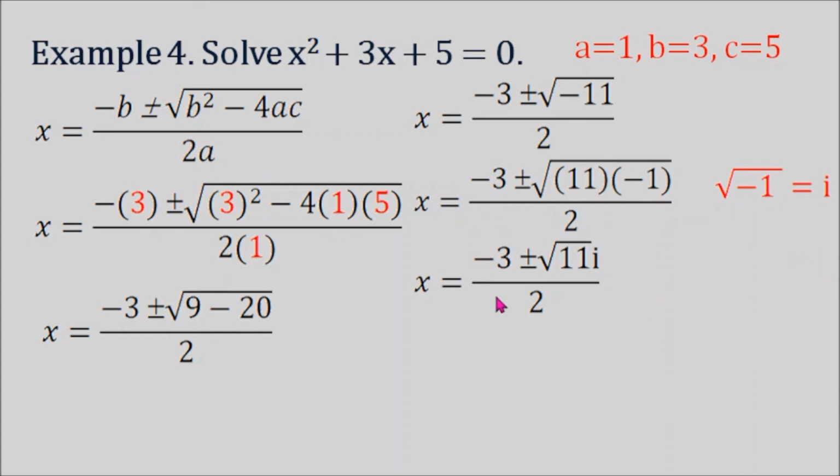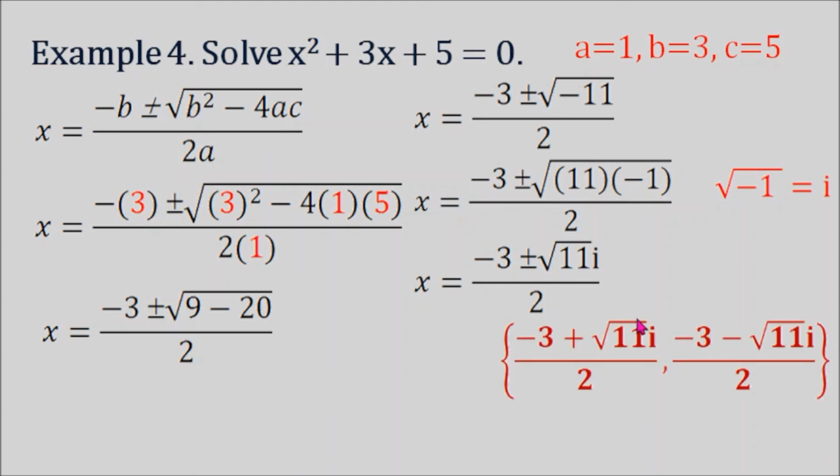We cannot reduce the fraction. Our two roots are negative 3 plus square root of 11 i all over 2. And the other one is negative 3 minus square root of 11 i all over 2.